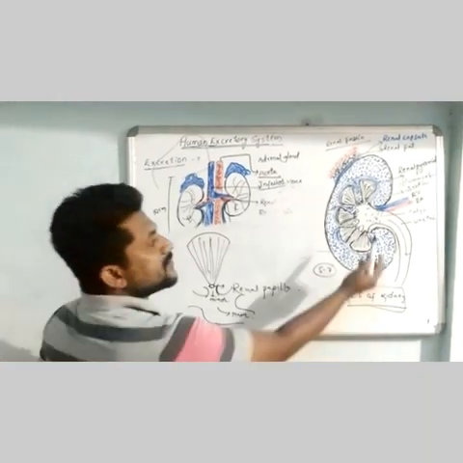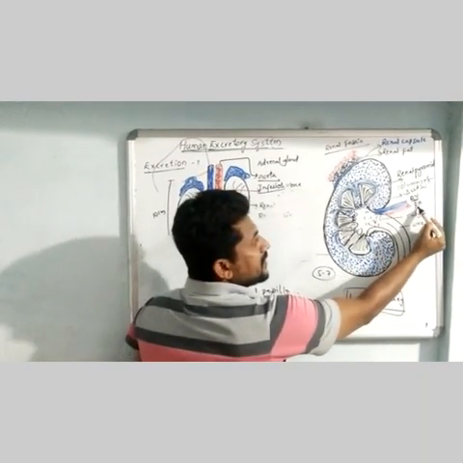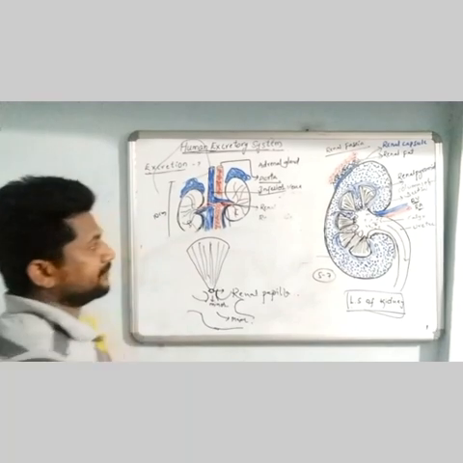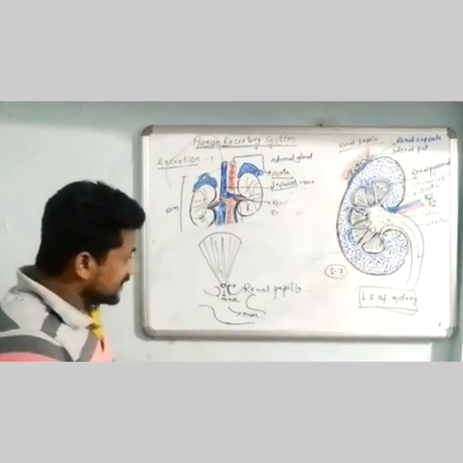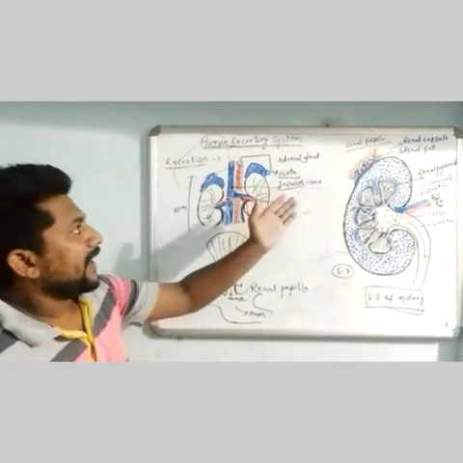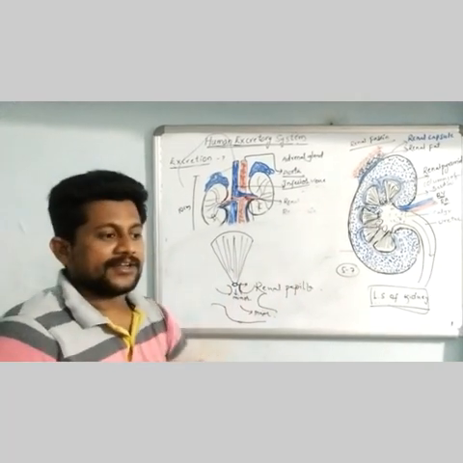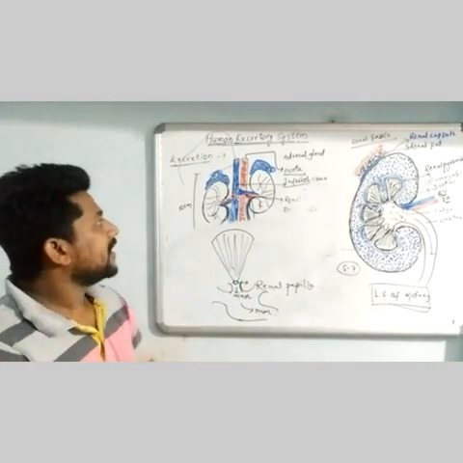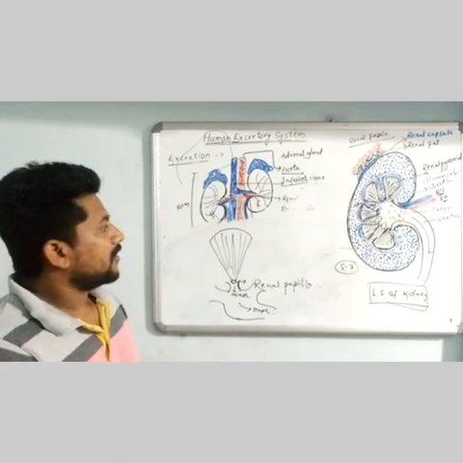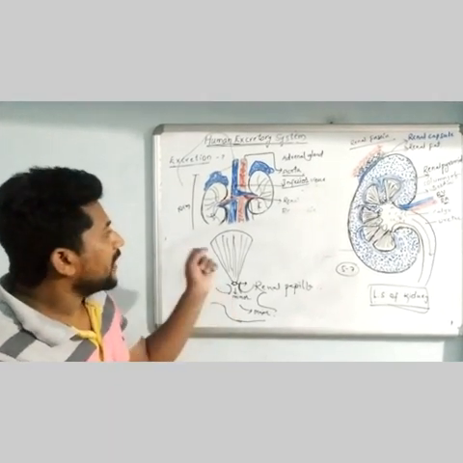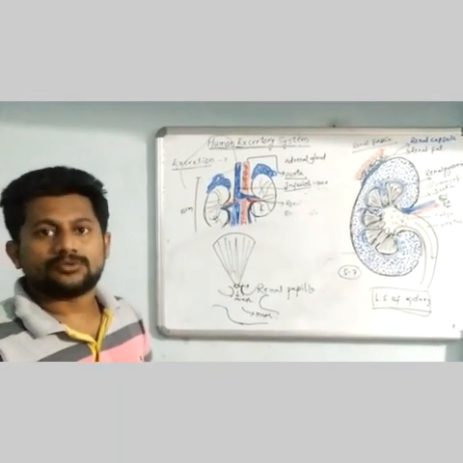Okay, and if we observe here, this is the renal vein, this is the renal artery. And this is the internal structure of the kidney. Here one thing we have to know is the urine flow in the human body.